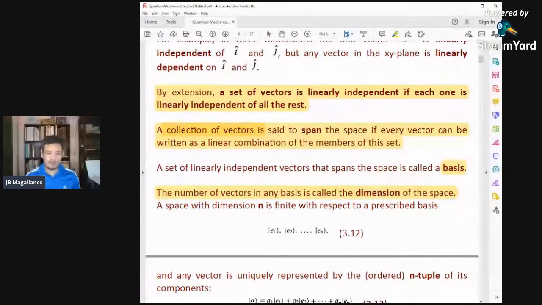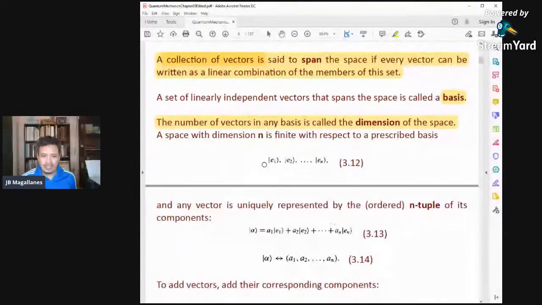For example, for three-dimensional space, you have three linearly independent vectors i, j, and k. That's the dimension of the space. So three linearly independent vectors, so you have three-dimensional space. A space with n dimensions has n linearly independent vectors that span the space.